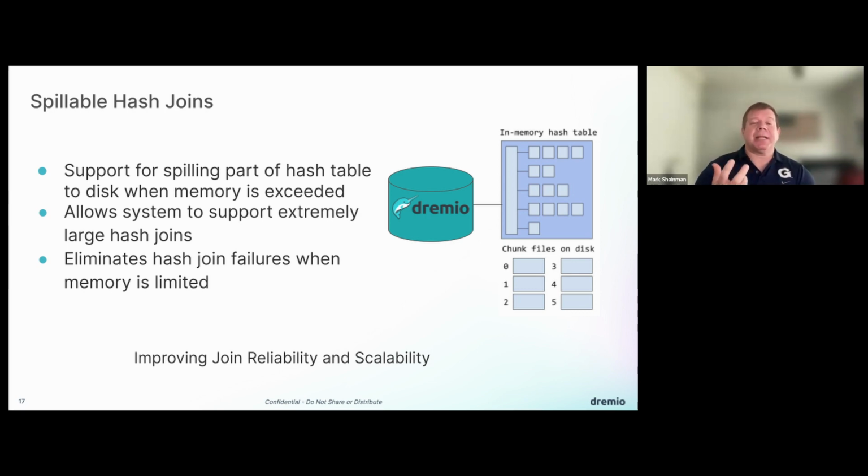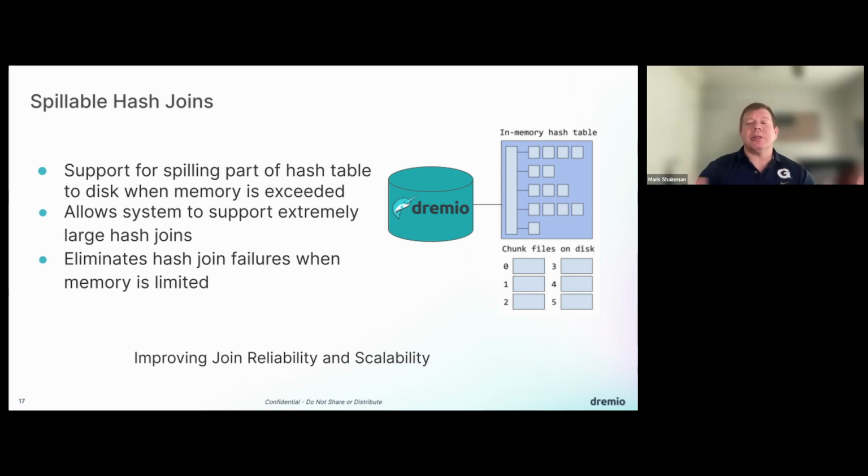And if that hash table is larger than your memory, the hash join process would fail. But now we've brought the ability to support extremely large hash join processes by spilling that hash table to disk when it exceeds the memory limitations of the environment you're working with.